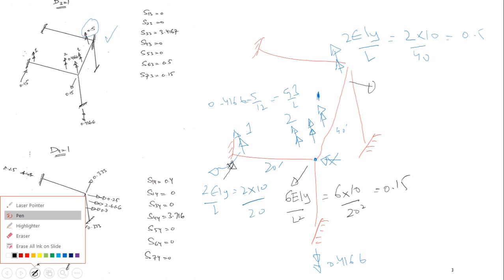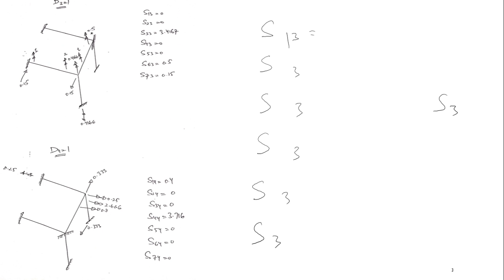Okay, finally I have to draw the stiffness elements. Everything would have a second number of 3, 3, 3, 3, and so on. X is 1, Z is 2, and Y is 3.